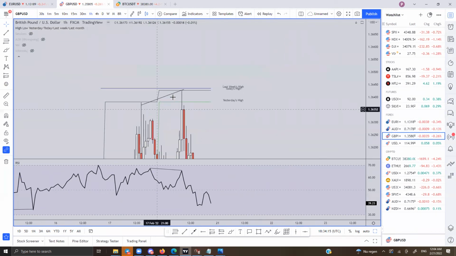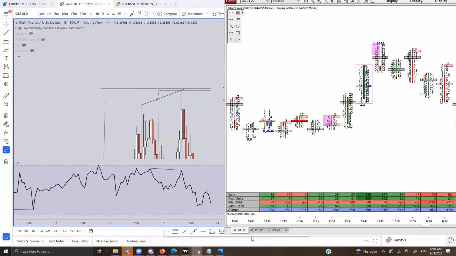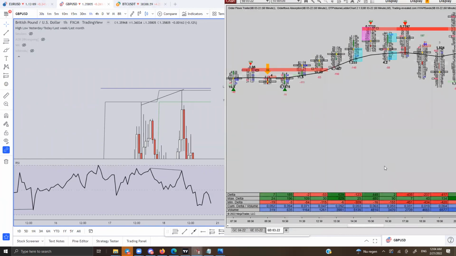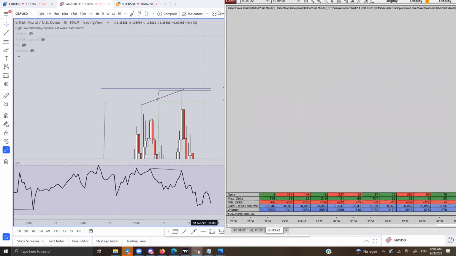Here also there was divergence, and it took out yesterday's day high. I'll show you here, there was a very good order flow setup. On 6B, 1 hour, it happened Friday only.